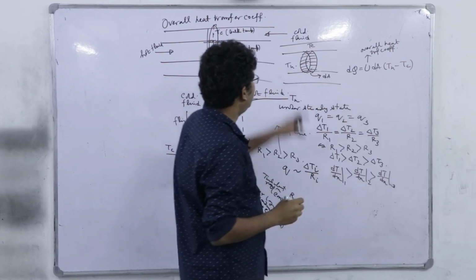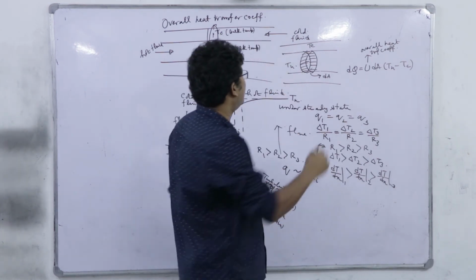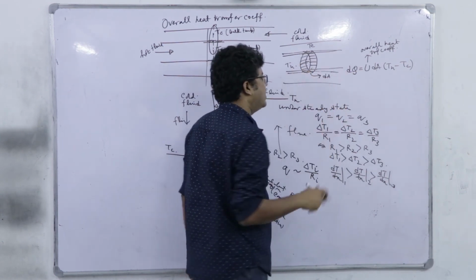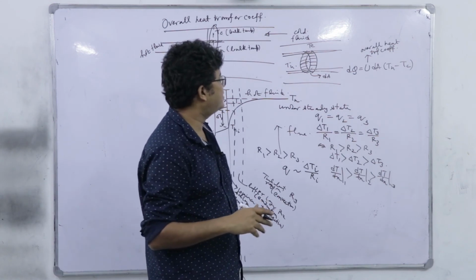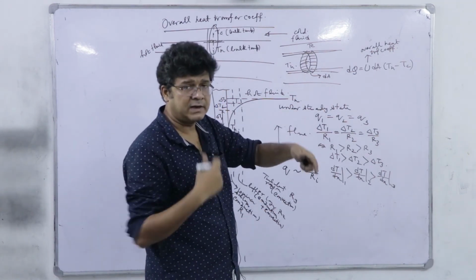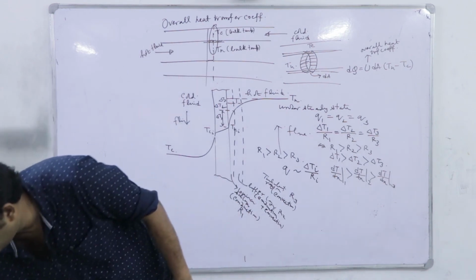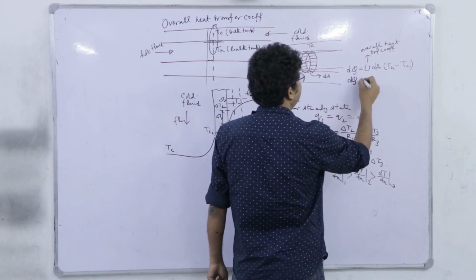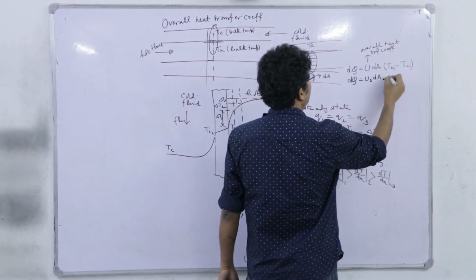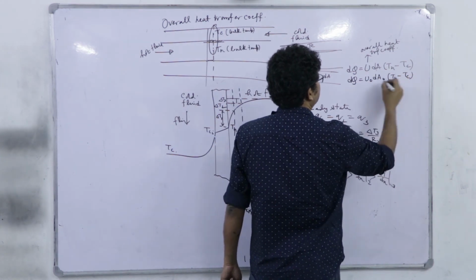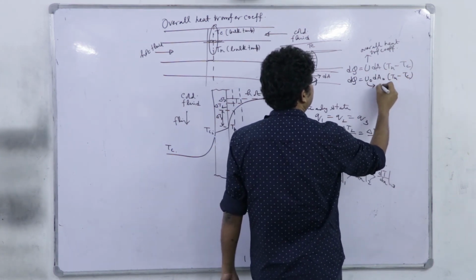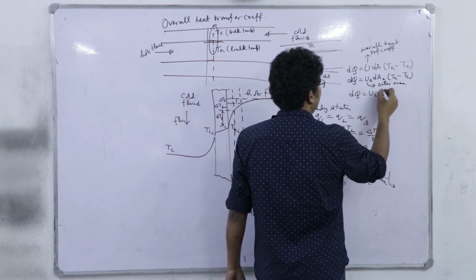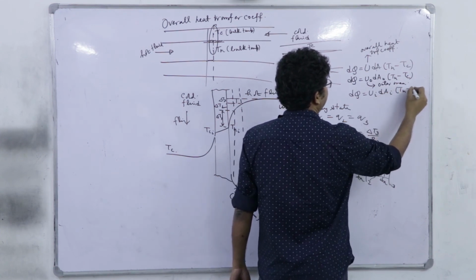Immediately the question will arise that there actually are two areas. One is the inner area, because the pipe wall has got a thickness, and another is the outer area. So, we must define the area, and respectively the definition of overall heat transfer coefficient will also change, right. So, we will write that dq is equal to Uo dAo into Th minus Tc. This is based on outer area, and it can also be written as Ui dAi into Th minus Tc.